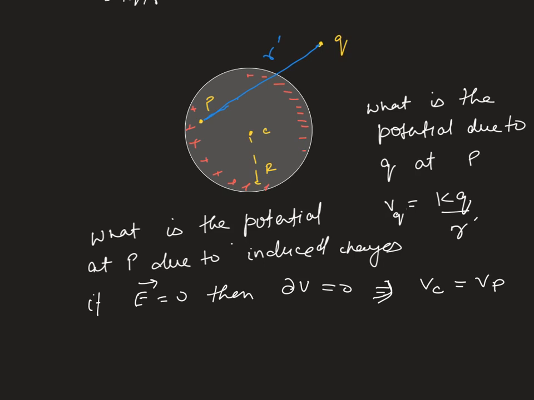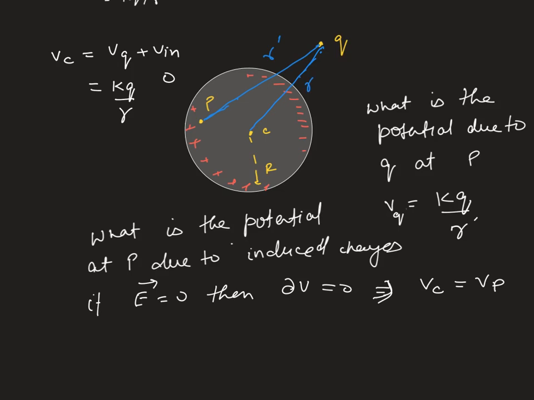Now let me remind you what was potential at C. The potential at C was potential due to Q plus potential due to induced charges, and the potential due to induced charges was 0, so the potential at C was simply equals to KQ by R. And if you might remember, what was R? R was the distance between C and Q, right?